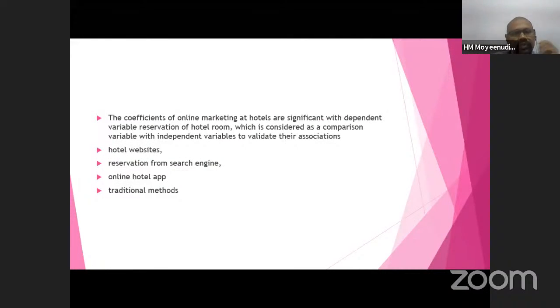And the coefficients of online marketing at hotels are significant with the dependent variable, reservations of hotel rooms, compared with independent variables to validate their association, like hotel website, reservation from search engine, online hotel app, and traditional method.